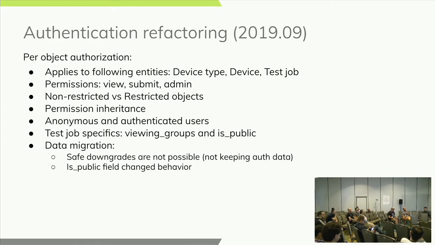So if you don't want to use this kind of authorization, you can just rely on the global authorization system that's imposed by Django, and then all these objects will be non-restricted, so to say.